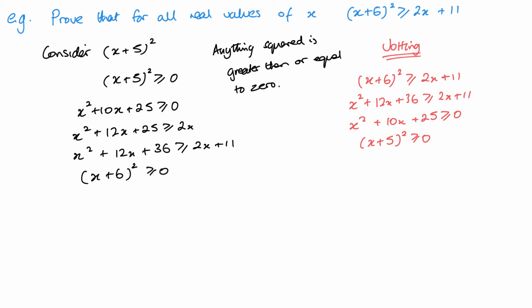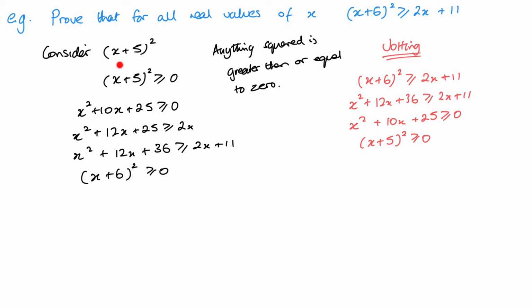Now, in some cases, not so much here, if it gives you something within the question, you should try and work out where that is relevant. So if it says like x is always positive, you have to use that within your proof. We've got all real values of x.